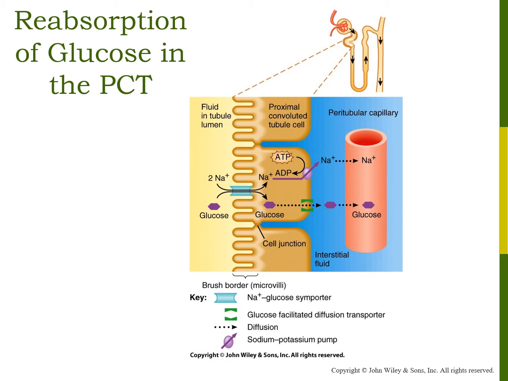As glucose passes through the cell, it is then moved out of the cell by facilitated diffusion on its basolateral side and is absorbed into the blood. This is how 100% of the glucose is reabsorbed, as well as amino acids and lactate or lactic acid.